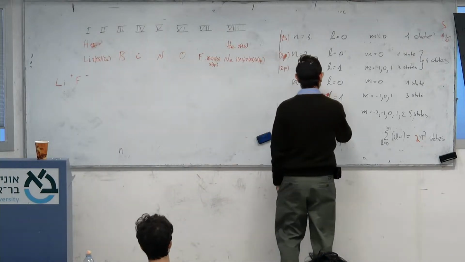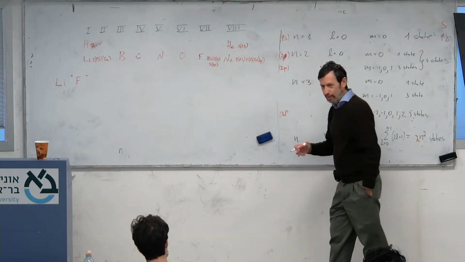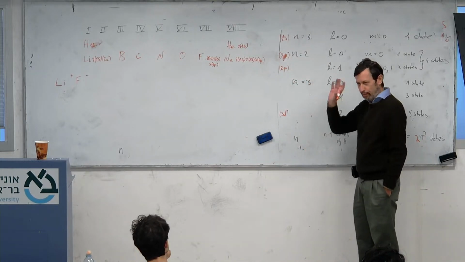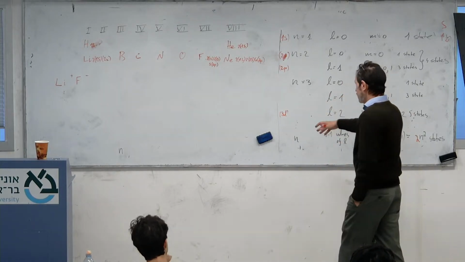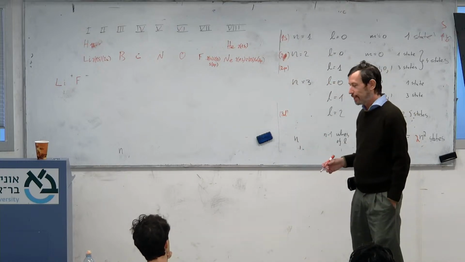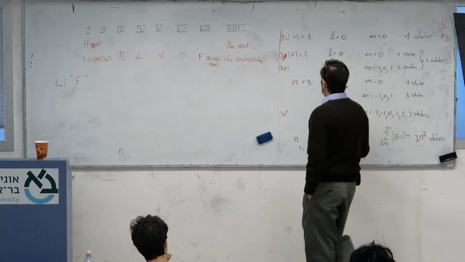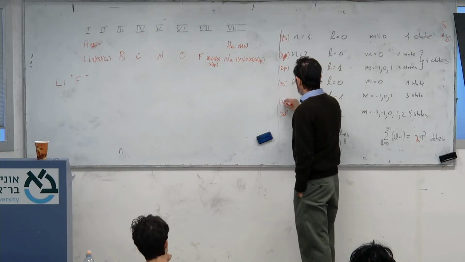So this is known as 3D. L equal to 2 is D. I don't even remember what L3 is. It has also letters there. You see it doesn't go by any logical sequence. But this is the 3S, this is the 3P.